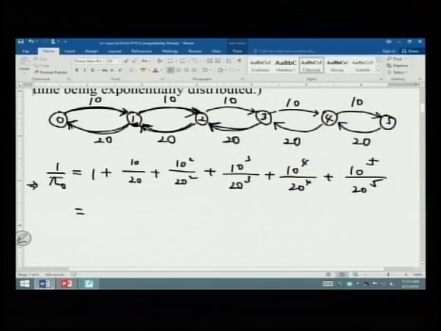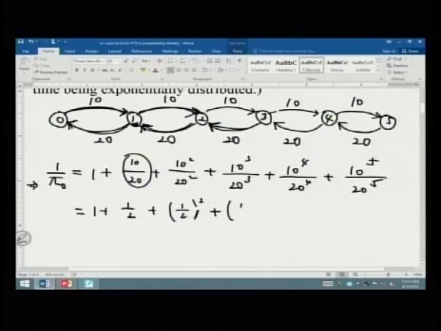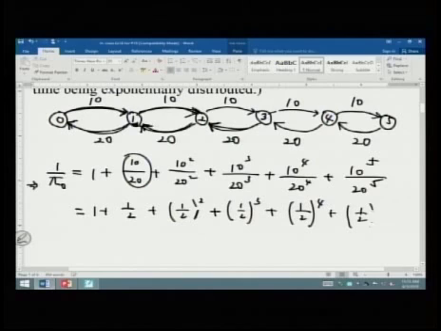Then what is this? So they are basically 1 over 2, right? This is 1 over 2. Okay, let me just write it down. This is 1 over 2 squared, 1 over 2 cubed, 1 over 2 to the 4th power, 1 over 2 to the 5th power.